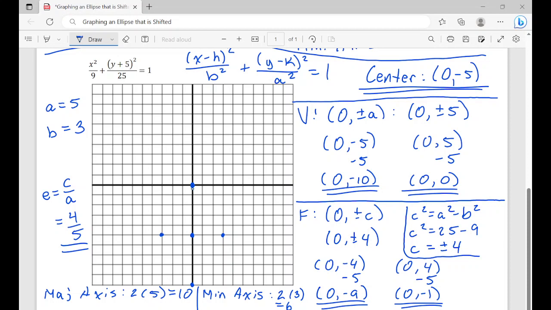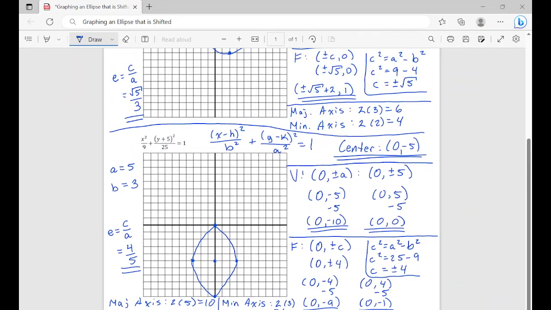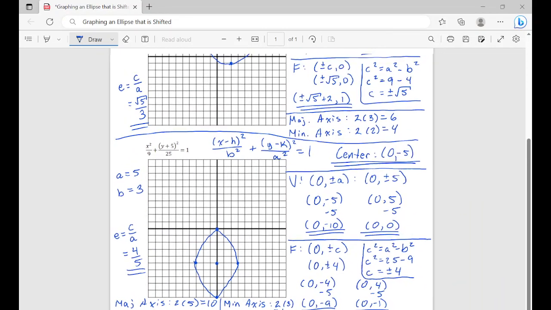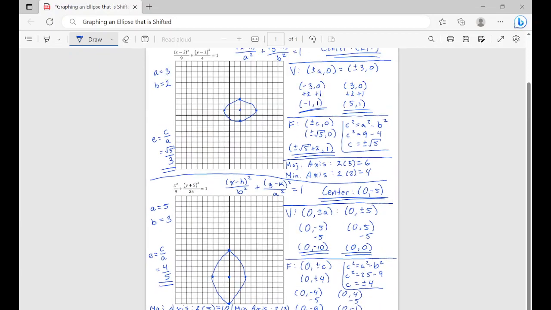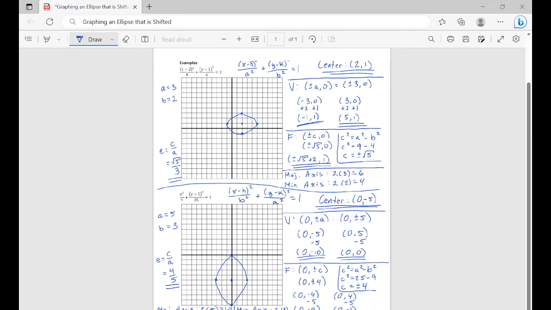And then connect the outer dots. So here, and here, and here, and there. Kind of like a diamond, but still should be an ellipse. So this is how you would do graphing a shifted ellipse, whether horizontal or vertical.